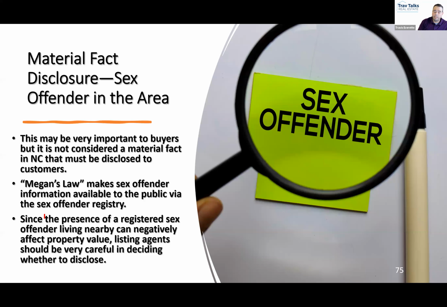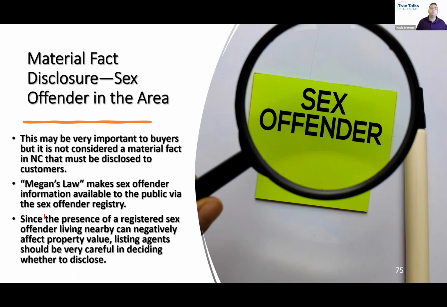That does not mean it's not important to people. That does not mean, if this is your client we're talking about, that you're not going to help them navigate this. This means if you're talking to a customer, when we're talking about material facts, I have to keep reminding you that we're only talking about things we disclose to customers.